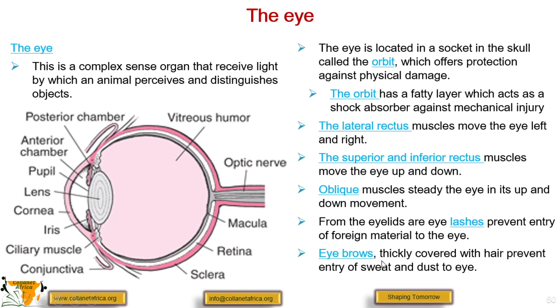We have eyebrows, which are thickly covered with hair and prevent entry of sweat and dust to the eye. So some girls like doing makeup, and they shave the eyebrows and leave the eye with no protection. So that is very dangerous.